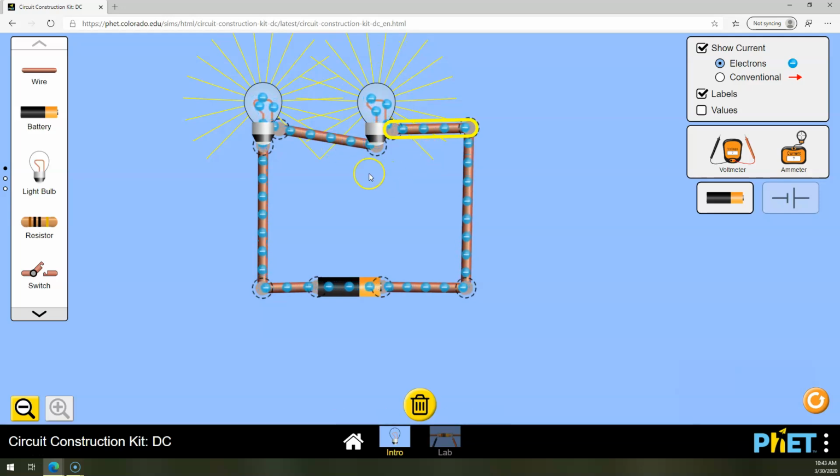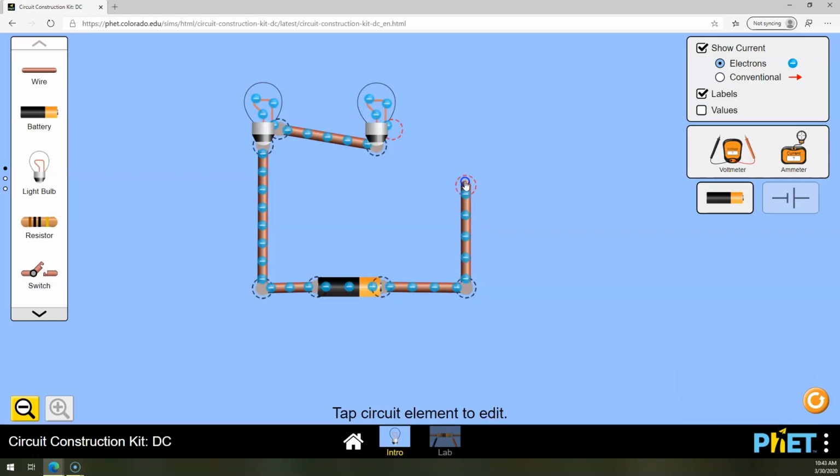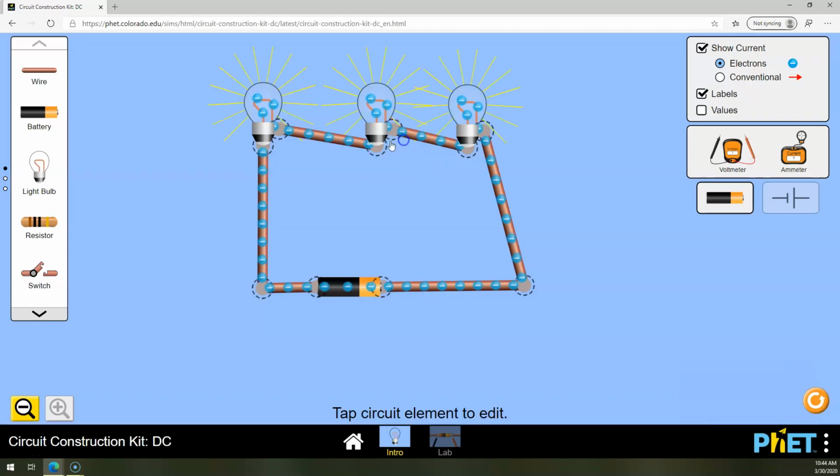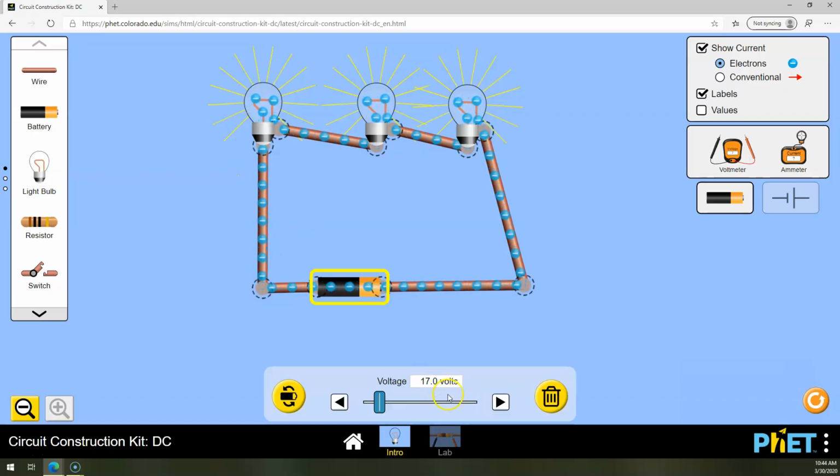And if you didn't notice, let's just do it one more time. Let's add another light bulb. I think you can see right now that compared to before, those light bulbs are definitely dimmer. You might even notice that those have slowed down a little bit. Now look, still my same voltage from before.